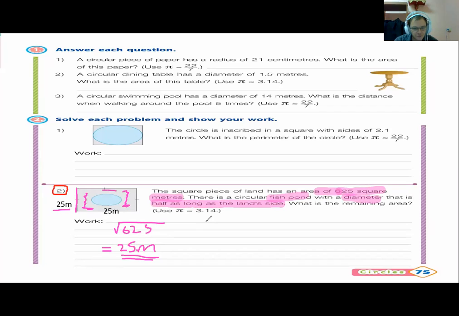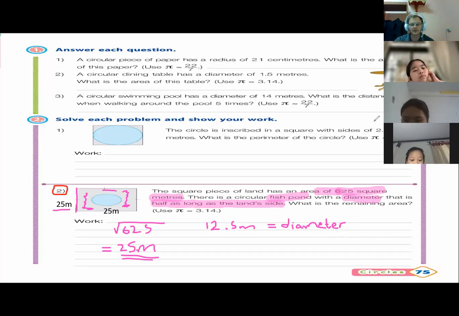Half of 25 meters gives us 12.5 meters, which equals the diameter. Okay, so now we have the basic information for our calculation.